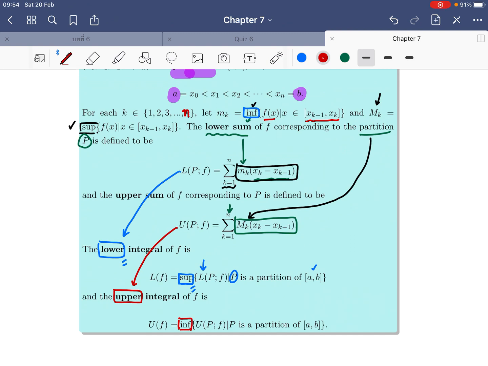You are going to find the infimum over all upper sums, as you vary your partition P over this closed interval from A to B. So this is the way we define the lower integral and the upper integral of f from the lower sum and the upper sum.